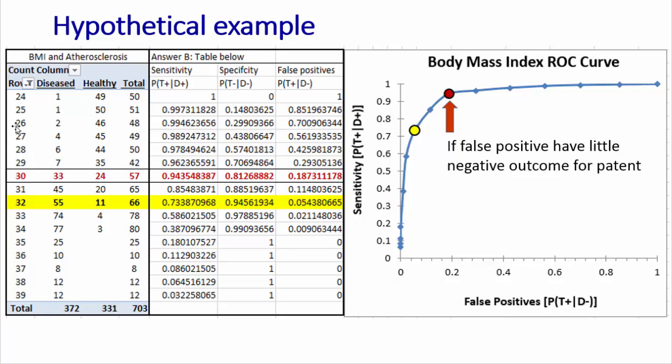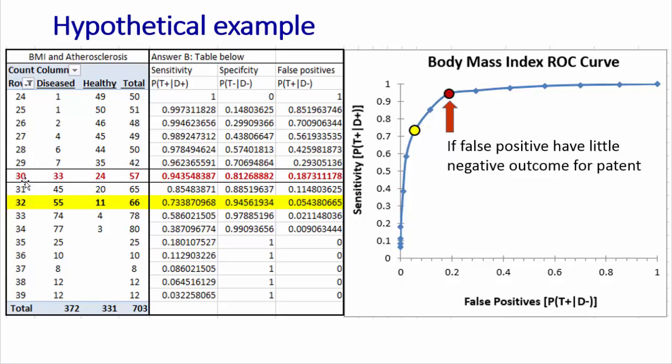And even if they don't have atherosclerosis, not only is that not harming them, that is actually probably helping them for other diseases. So in which case, we want to maximize sensitivity at the expense of specificity. In other words, we're going to accept the higher false positive rate. So in this scenario, I would choose this red dot right here as my cutoff for my BMI. These are these red numbers right here on our graph.